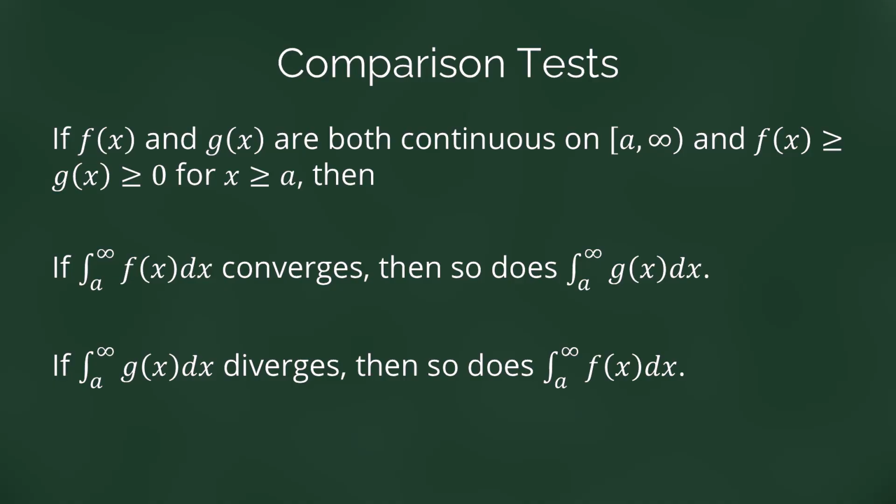Conversely, if the integral from a to infinity of g of x dx diverges, in other words, we've determined that the area under g of x is not bounded, then it follows that the integral from a to infinity of f of x dx, the larger function, must also diverge. Its area must also be unbounded. We'll look at a couple of examples to see how this might work in practice.